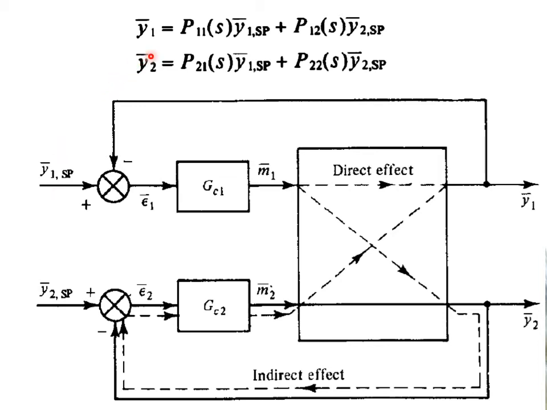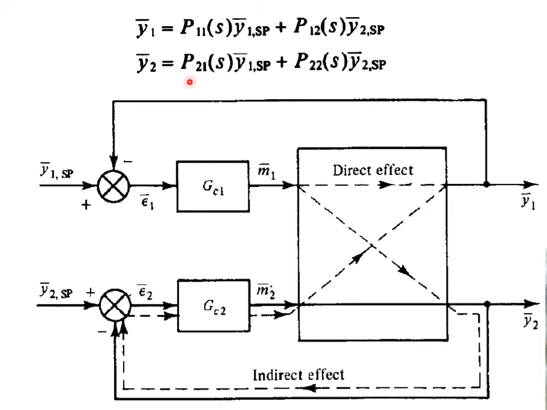So these are given by, again, these equations which I'll be showing in the next slide. P11, as the notation says, you first have output and then input. This is again first output, output is 1, and input is change in set point 2, so this is P12. In this case, as you can see, the output is y2 and the input is y1 change in set point.